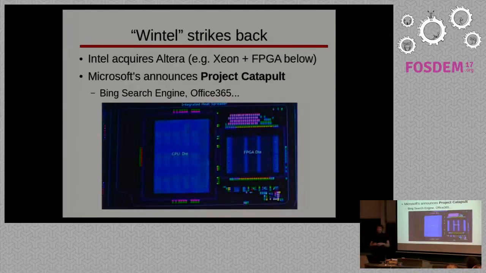That is an SDK that Microsoft has just released to accelerate software by using FPGAs. They are partnering in some way with Intel, and they are already using this in the Bing search engine, and they are planning to use it also in Office 365.